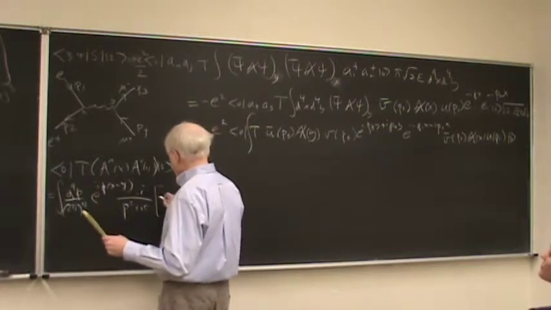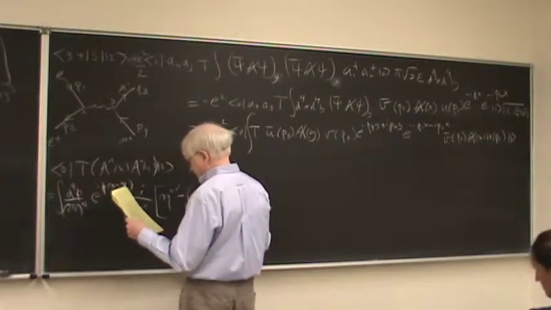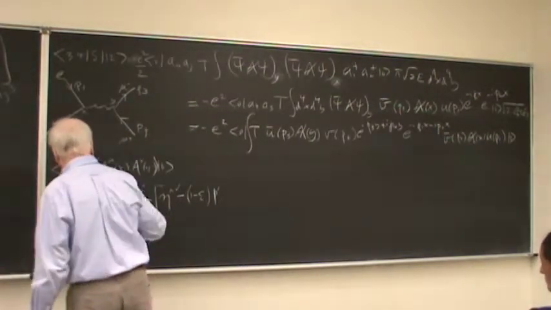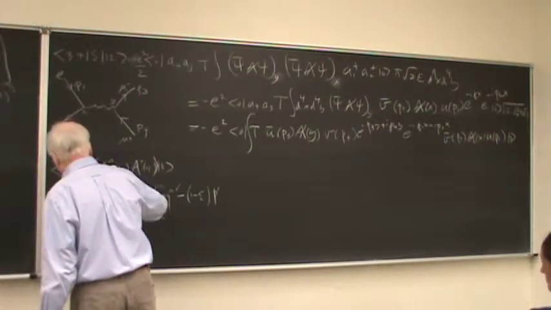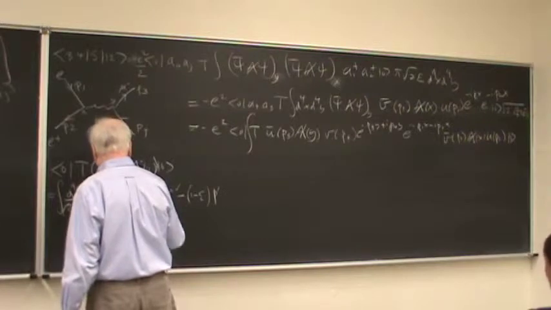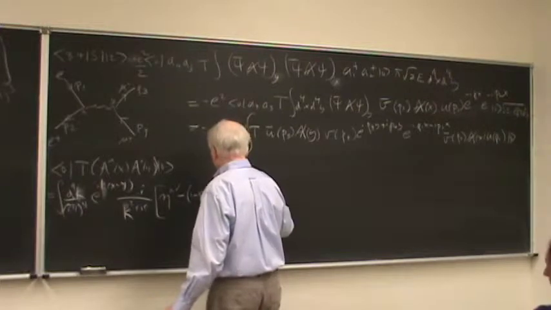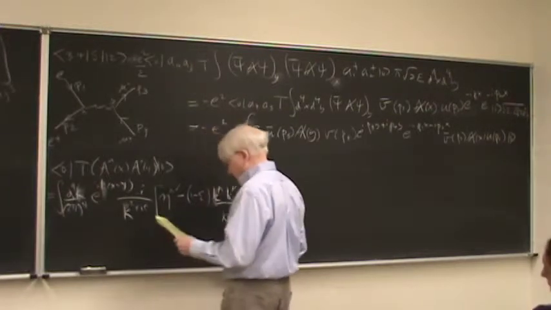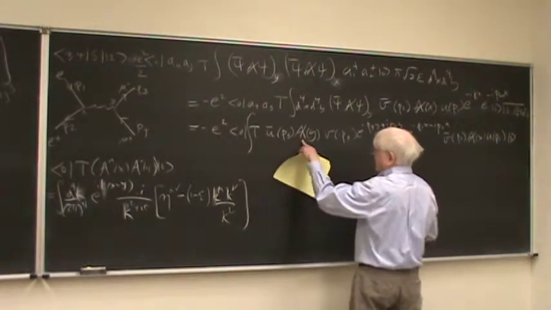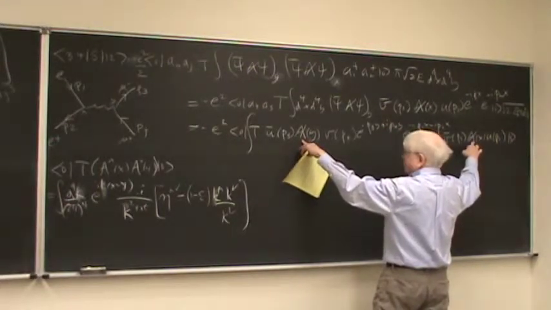And now if we do this in the most general of the gauges that we're talking about, actually I'm going to use k instead of p because we've got p's and q's already, and too many p's. So d4k, e to the i k, k squared, and now this will be k nu over k squared. Okay. So what you've got here is vacuum, a gamma and an A mu, a gamma and an A nu.